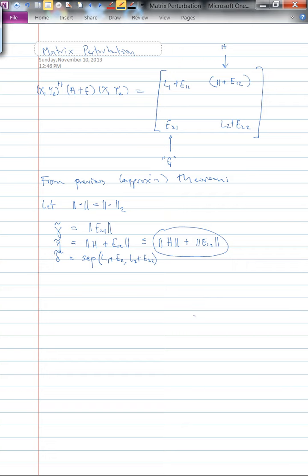So if we apply the theorem directly, what does this tell us?